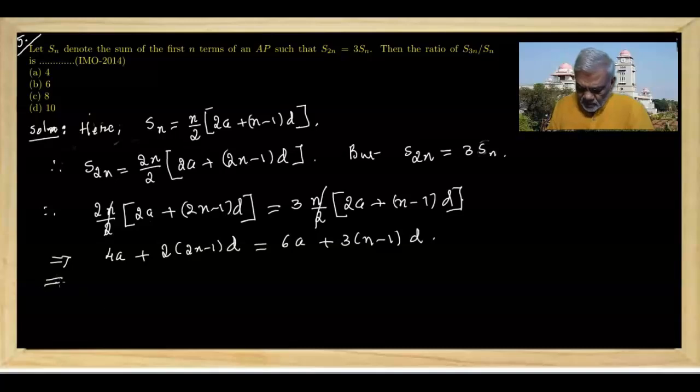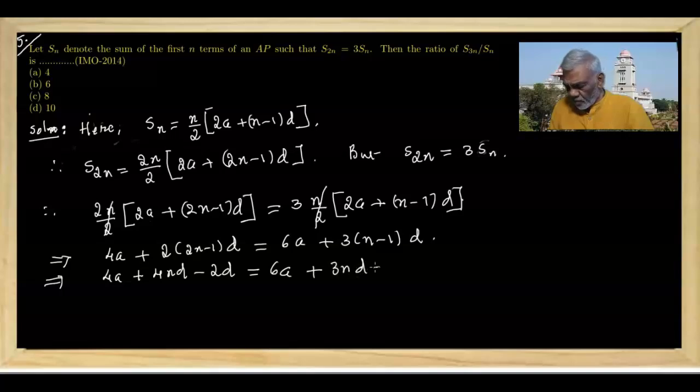And this, you take to the right. Or let me write down one more step here: 4a plus 4nd minus 2d is equal to 6a plus 3nd minus 3d.